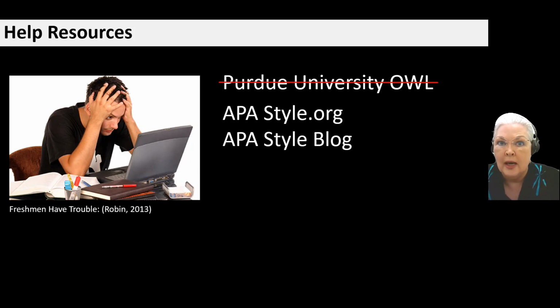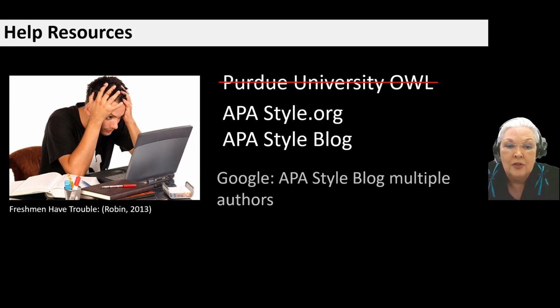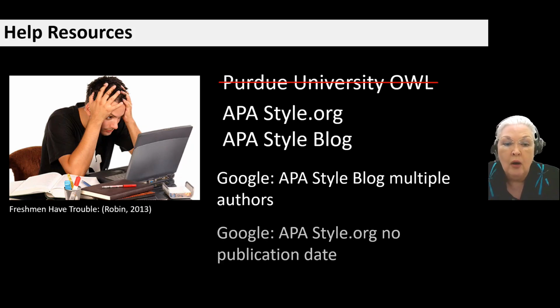These are two official sites for APA, and it's going to be much easier for you to find the answers to the questions you have using this source. So I would just Google APA Style blog, multiple authors, or apastyle.org, no publication date, to find out what I do if I can't actually find a publication date.